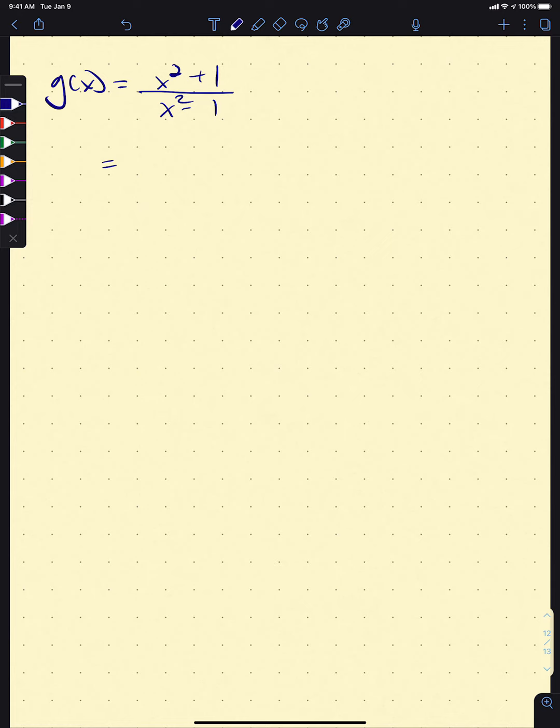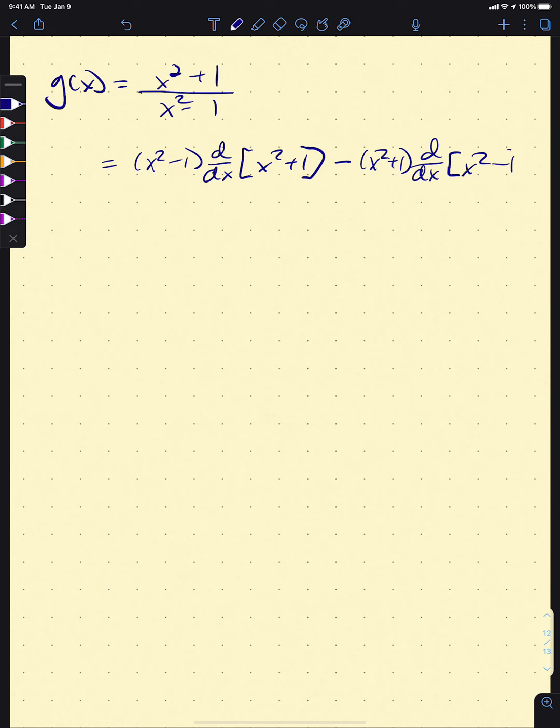Okay, for this one, we're going low d high, so x squared minus 1, d dx of x squared plus 1, minus our high, which is x squared plus 1, times d low, low high, high low, over low low. Okay. And what happens next?